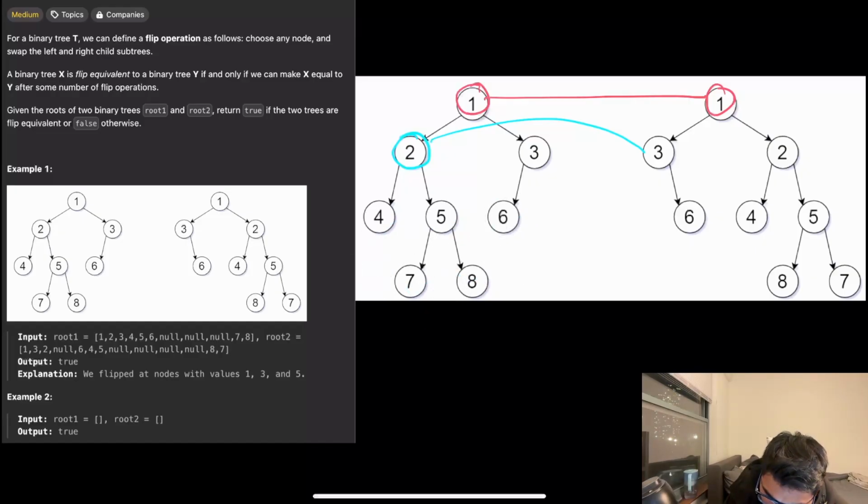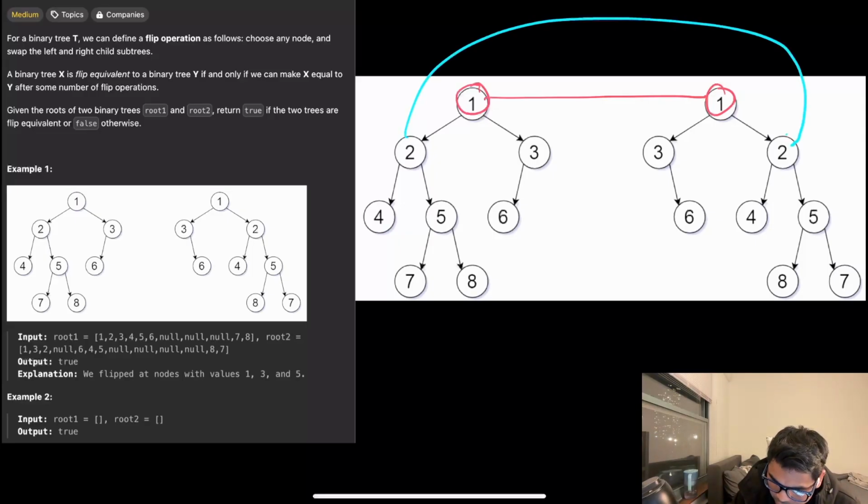But here, this is not equal. So what we can do is check either left to left or left to right. So now we see this is equal to right. But here, since this is equal, then left has to be equal to the other one's left, otherwise we will return false, okay? Then here as well, these two have to be compared, and its left has to be equal to either left or right, which is basically right matching.